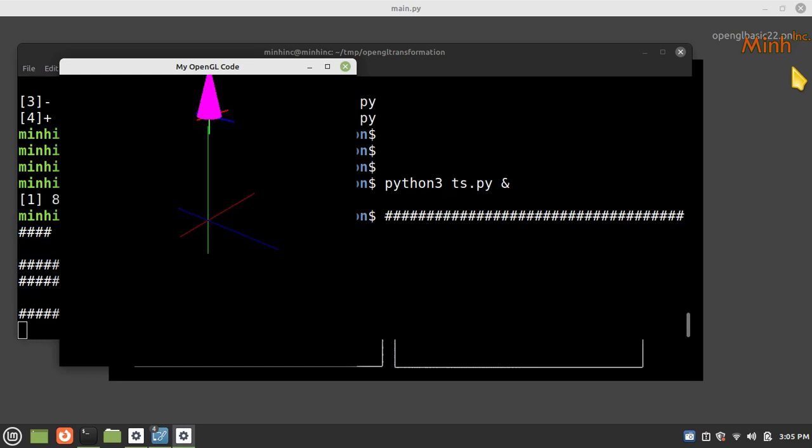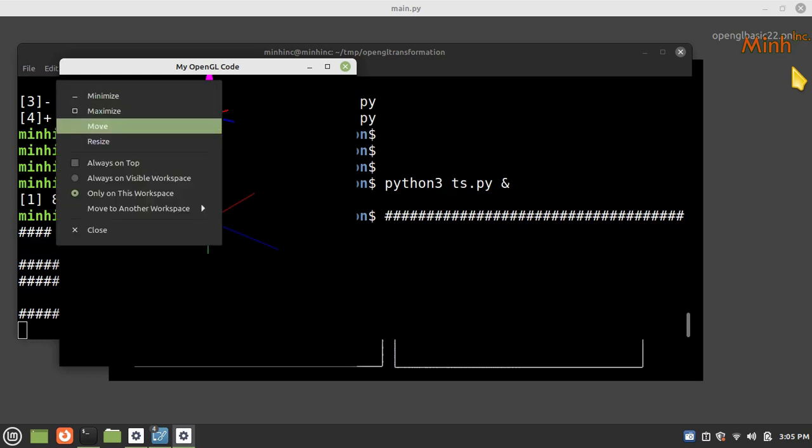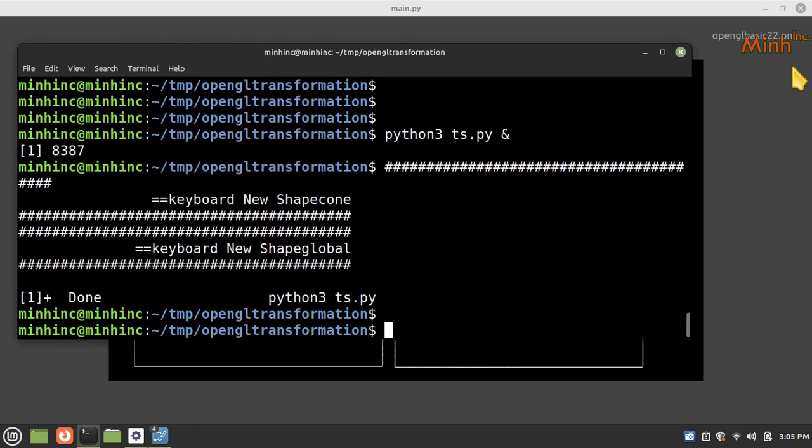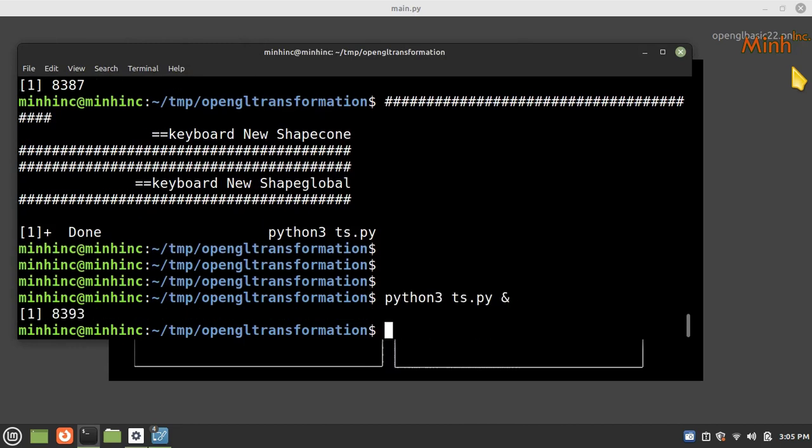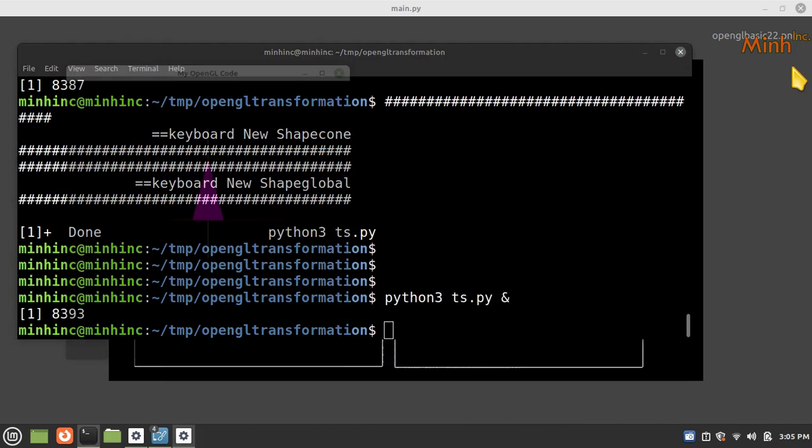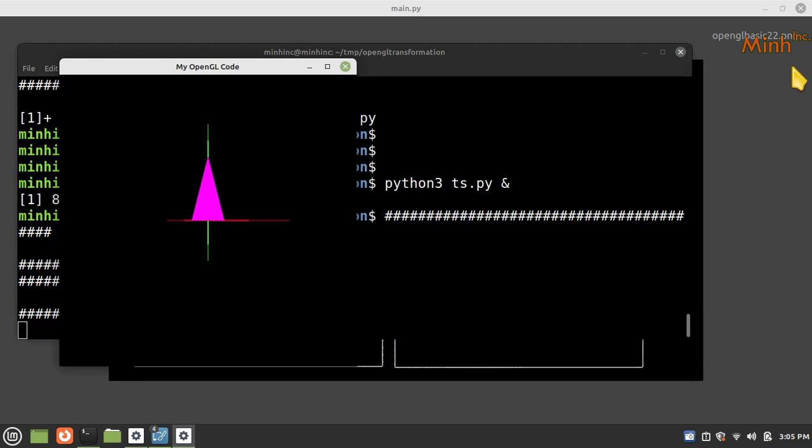Now I can show where we are. Okay, so this is not the lab we want to do. We'll try again what we want to do in the lab.